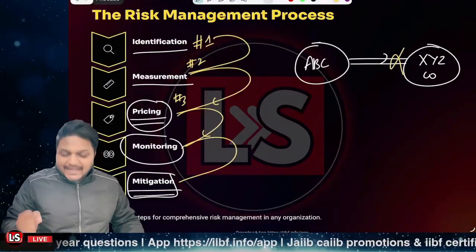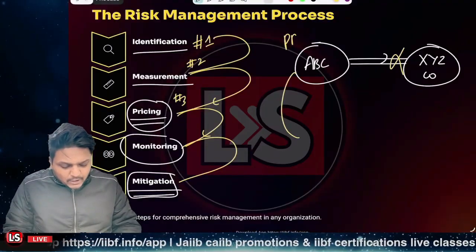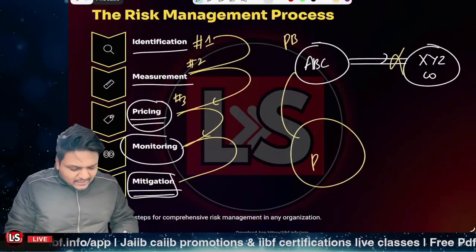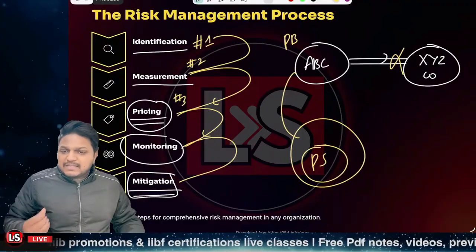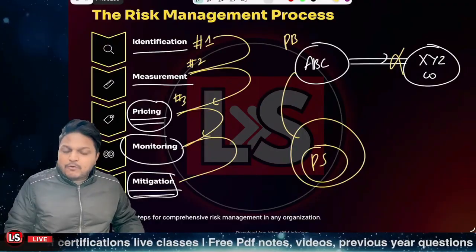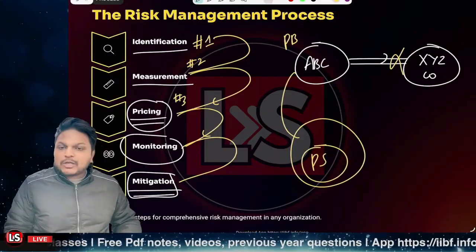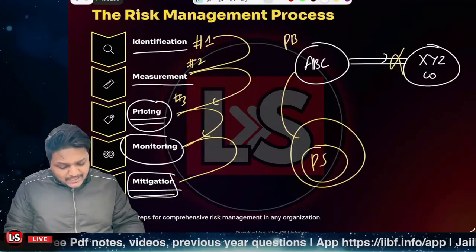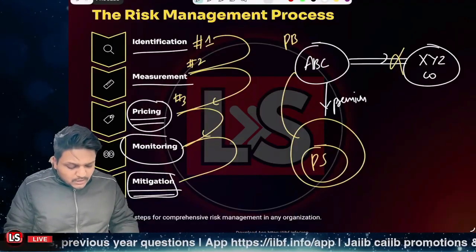Now in that scenario, ABC bank, which is going to be the protection buyer, will go to the protection seller and buy the protection that in any such event, a CDS, that is a credit default swap, will be done, so that if there is any default, the loss will be made good by the protection seller, right? For that scenario, ABC is to pay a premium to the protection seller.